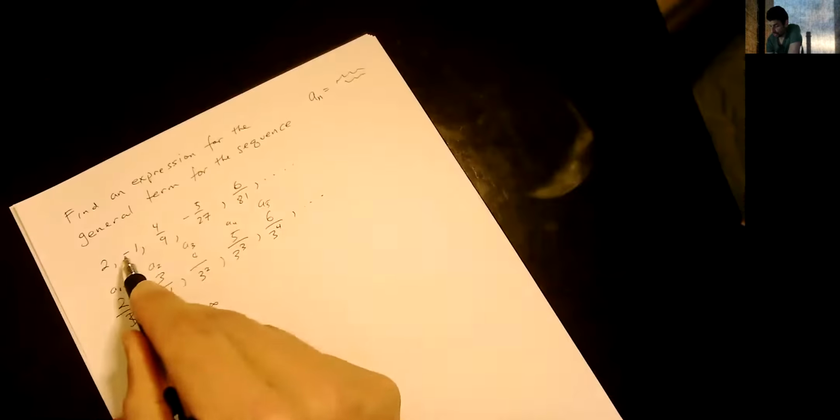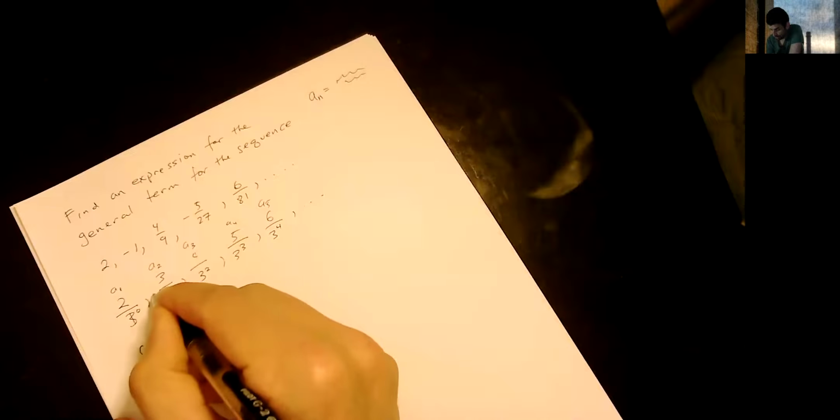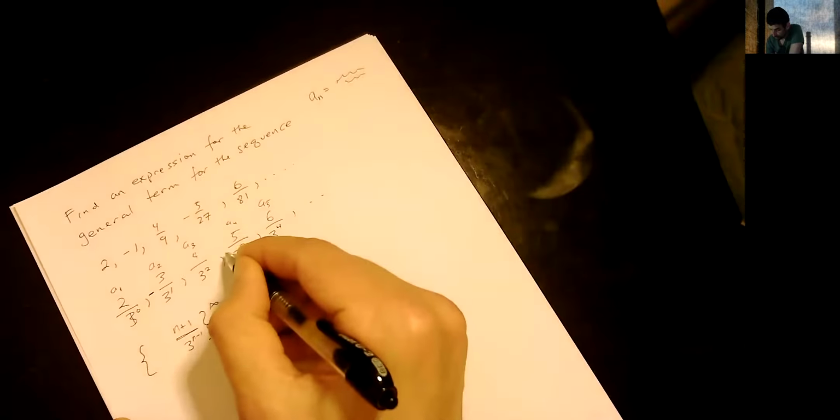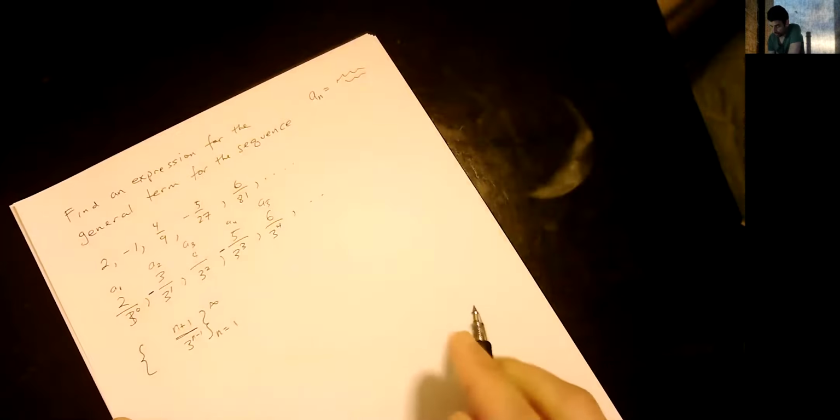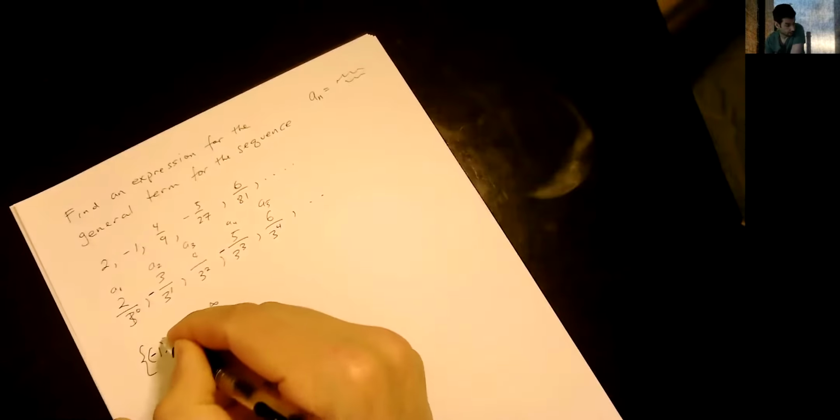Now, let's deal with the negative. So we ignored the negative here, but every other one of these should have a negative in front of it. Okay. So now, I'm going to have this -1 to a power. Last time we saw this, it was to the power of n. Let's see what happens if we do that.